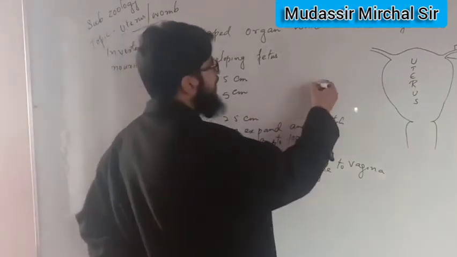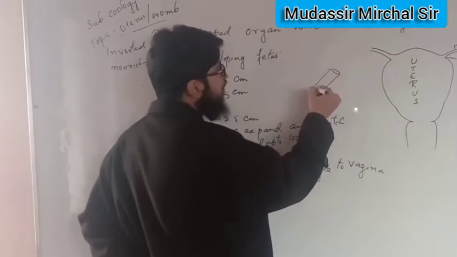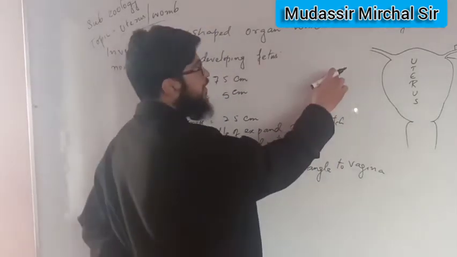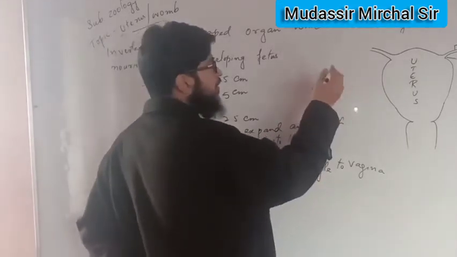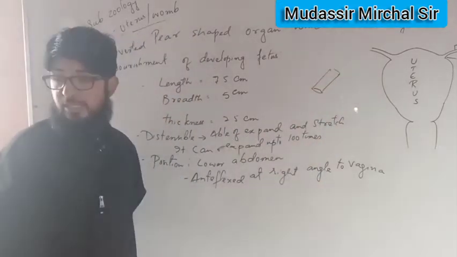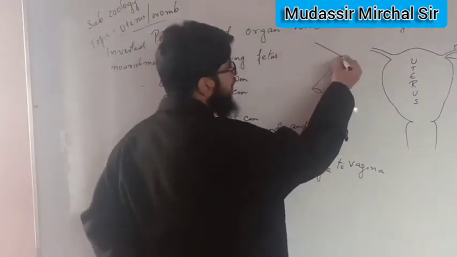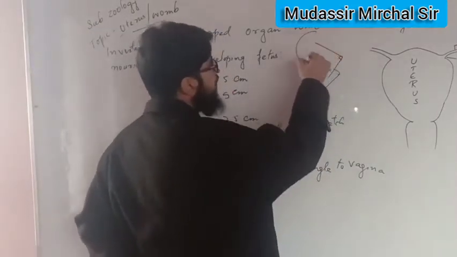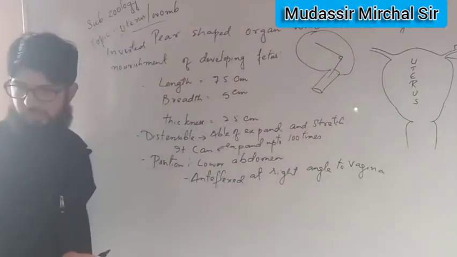If we see the side view, this is, say for example, the vagina. There is the opening for the vagina, and this is the innermost part of the vagina. With the vagina, this uterus is antiflexed. It's at 90 degree. So that means this should be the uterus, isn't it?